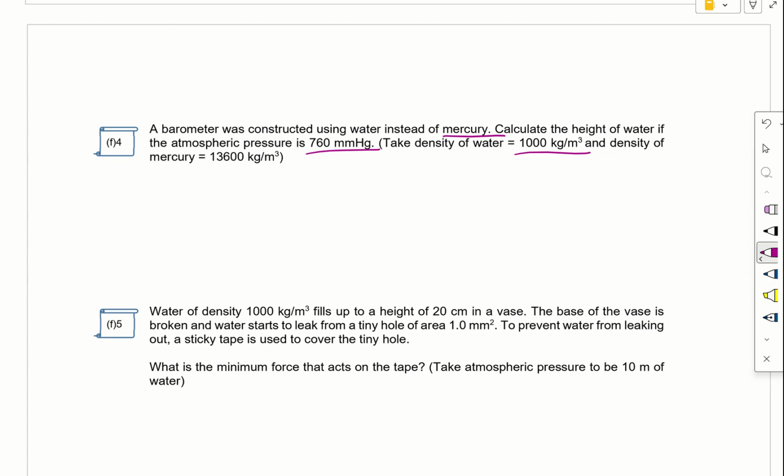Because the atmospheric pressure for both barometers is the same, how do we calculate the height? Let's say this part is water and this part is mercury. The atmospheric pressure for mercury is 760 mmHg.